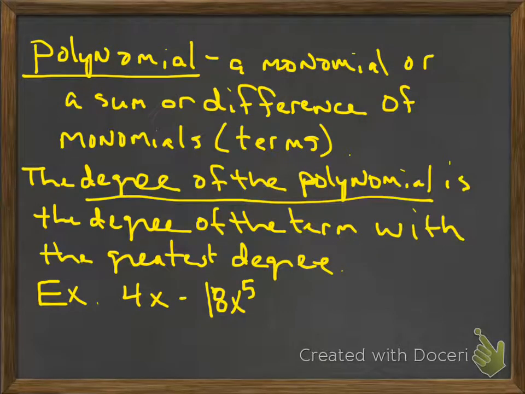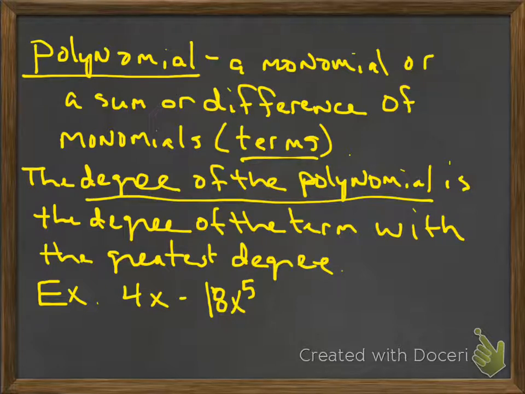This looks like a little bit, so you might have to pause me if you need to. Now let's look at what a polynomial is. A polynomial is basically a monomial, or the sum and difference of monomials. A lot of times, instead of saying monomials, we'll just call them terms, so you're going to start hearing that word more often. The degree of the polynomial is the degree of the term with the greatest degree. For example, look at 4x minus 18x to the fifth.